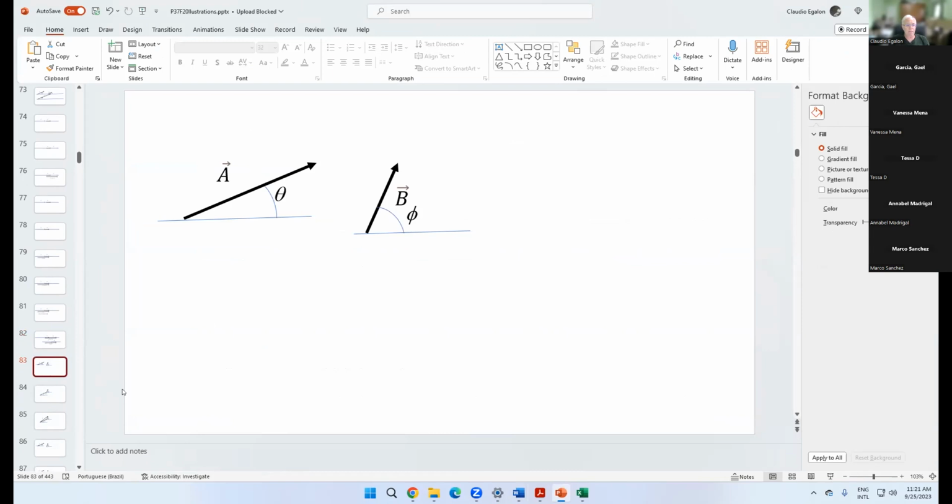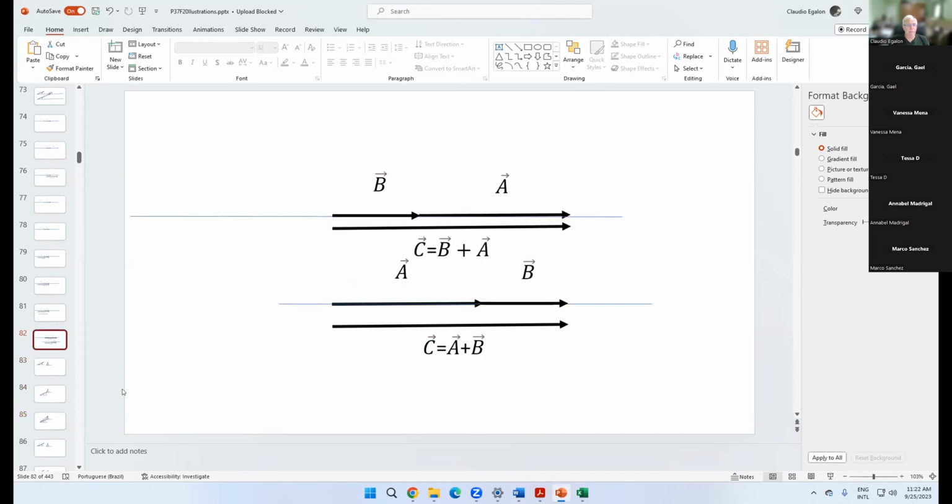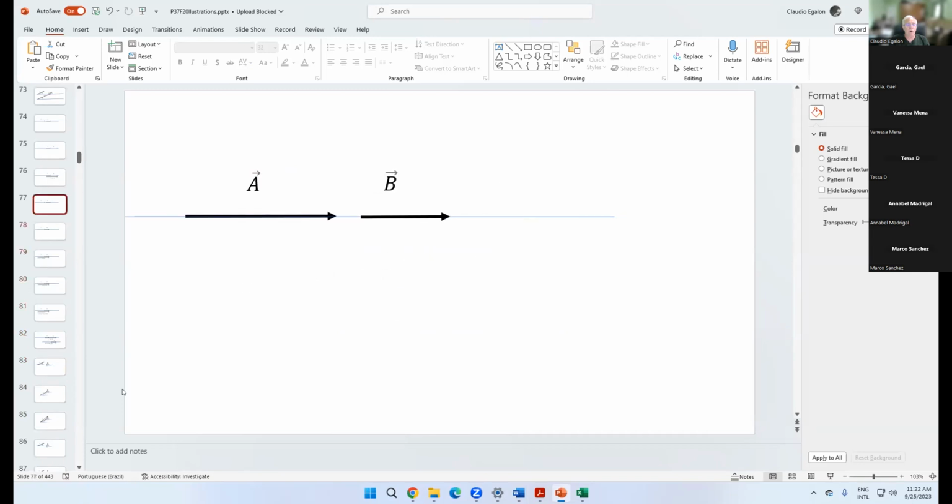A and B, they're not collinear, right? But they can also be summed up. Look, A and B, head of A to the tail of B. Resulting vector goes from the tail of A to the head of B. Okay? Very important method. I want you to memorize that.